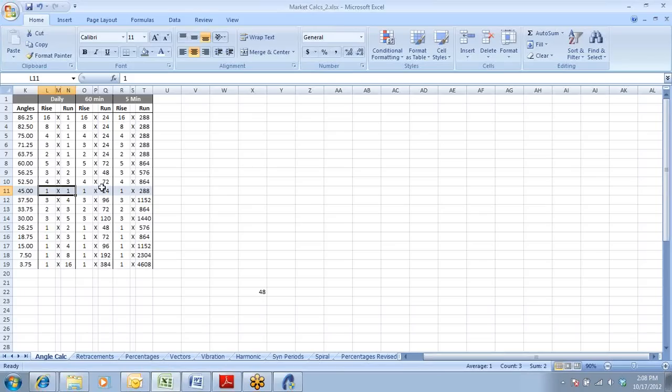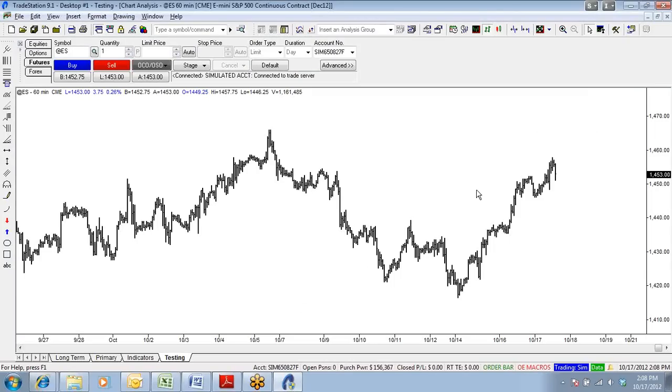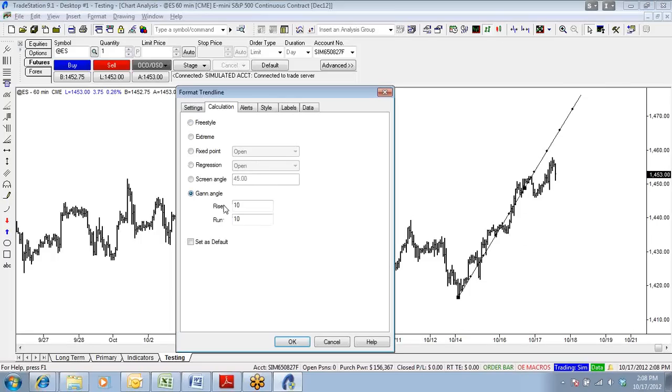Similar concept, except going back to my Excel, instead of doing a 1 by 1, it's a 1 by 24, right? Because there are 24 hourly bars in a day, and it's a similar process where I'll start from the last significant low, extend out my trend line, and go to the Gann angle.